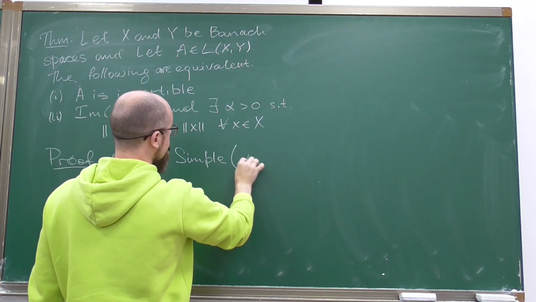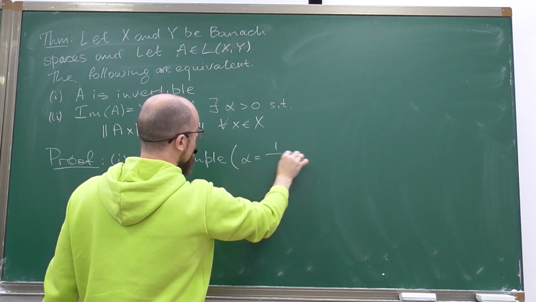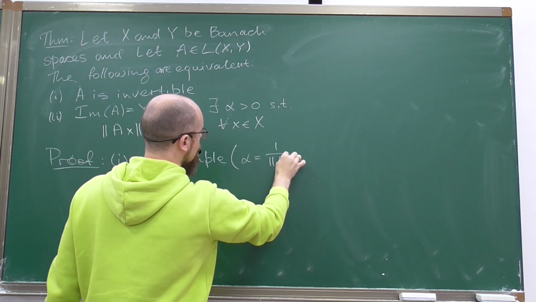As a hint, take alpha to be 1 over the norm of A inverse.